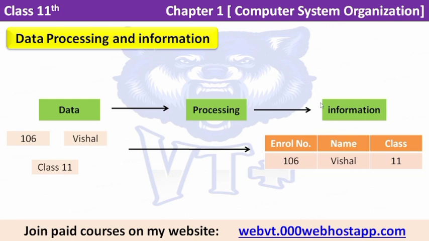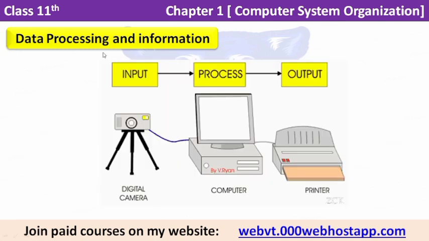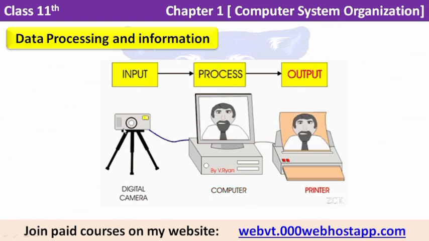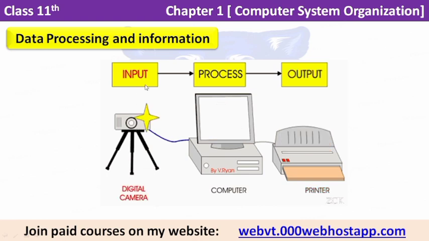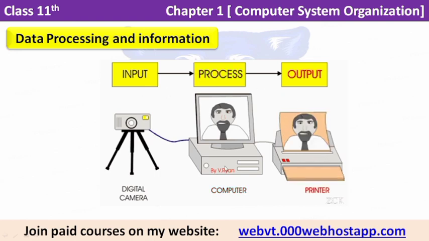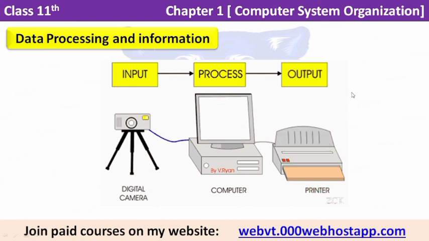If anyone asks what is information processing cycle, then you can explain this data processing cycle. You can see the example of input process output. Here a digital camera takes the input, collects the pictures, and after processing we get the output on paper. So this is the example of input process output.